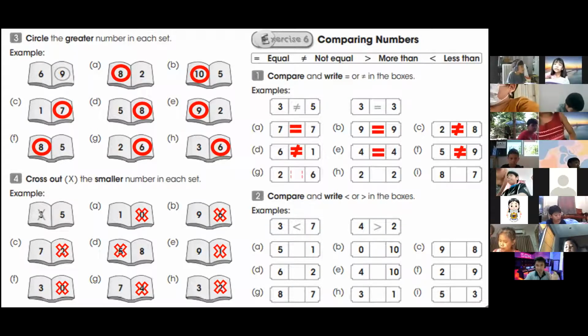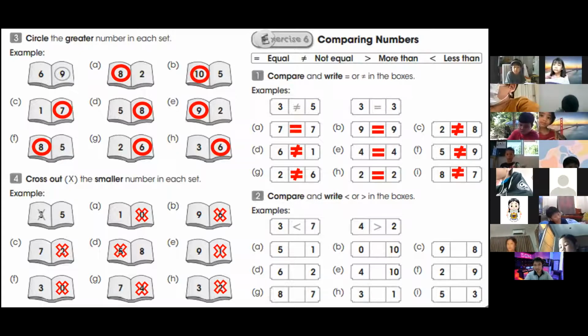Letter G, not equal. Letter H, the same numbers, 2 and 2, means they are equal. And letter I is not equal. Number 2, we will use greater than or less than. Letter A, greater than.